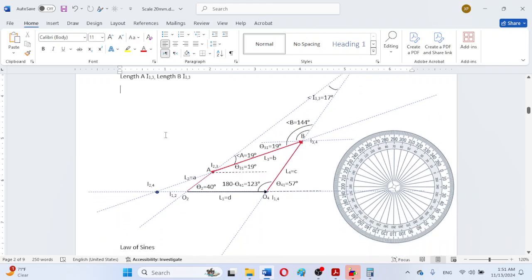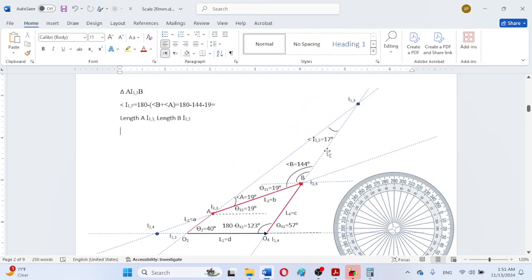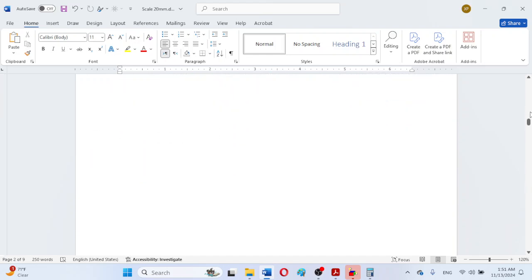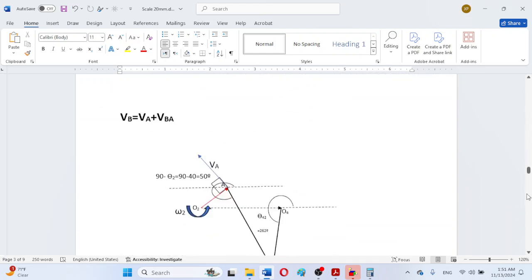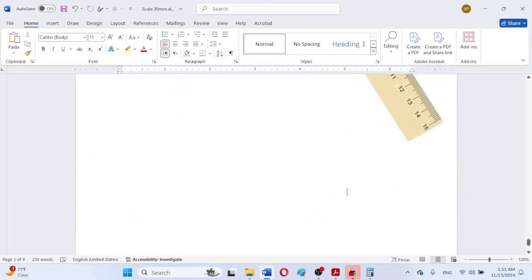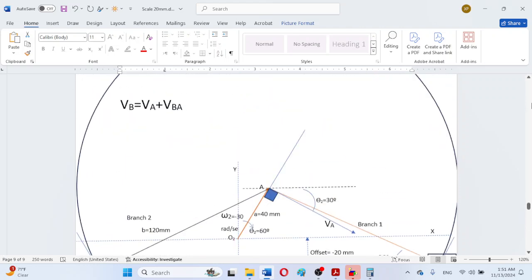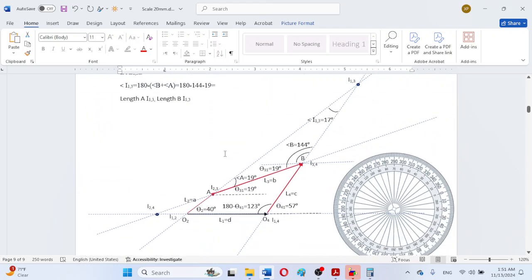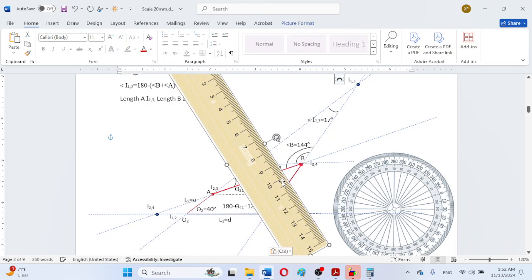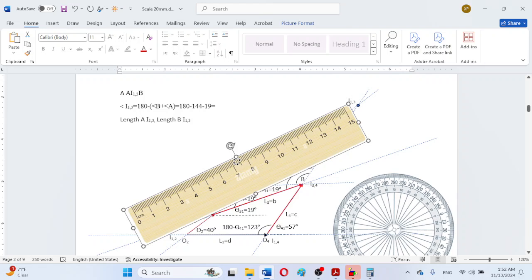Now we can graphically measure the lengths of these sides. With the help of a linear scale, for example this scale I have here at the moment, I can copy this scale from here, paste it at this location, and relocate it like this.